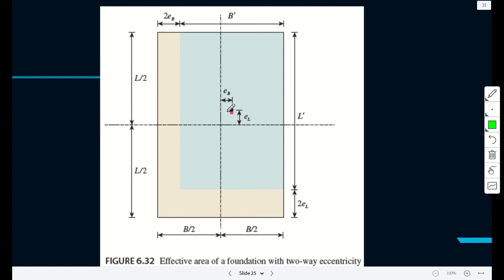If this is the eccentricity, then the effective width is B minus 2E_B, and the effective length would be L minus 2E_L.